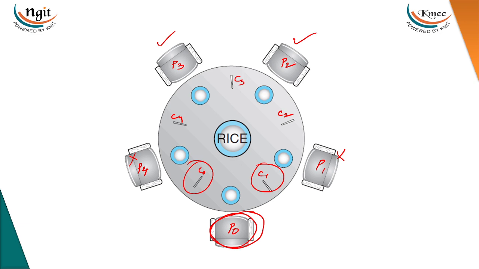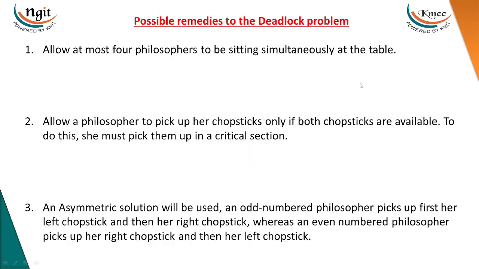If we allow P2 to eat, he will take C2 and C3, so P3 cannot have C3 and P1 cannot have C2. So at most two philosophers can eat at a time.